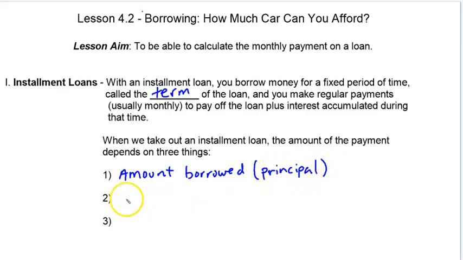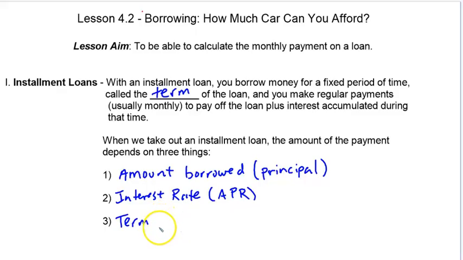We also need to know the interest rate, which the financial institution will tell us, and we call that the APR. That's an annual rate. And then the term: how many months is it going to take to pay off the loan? And typically that can be negotiated.